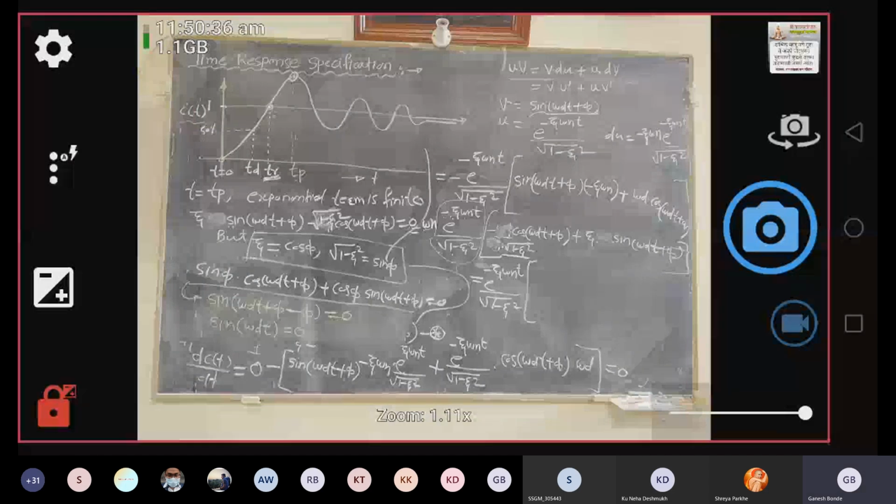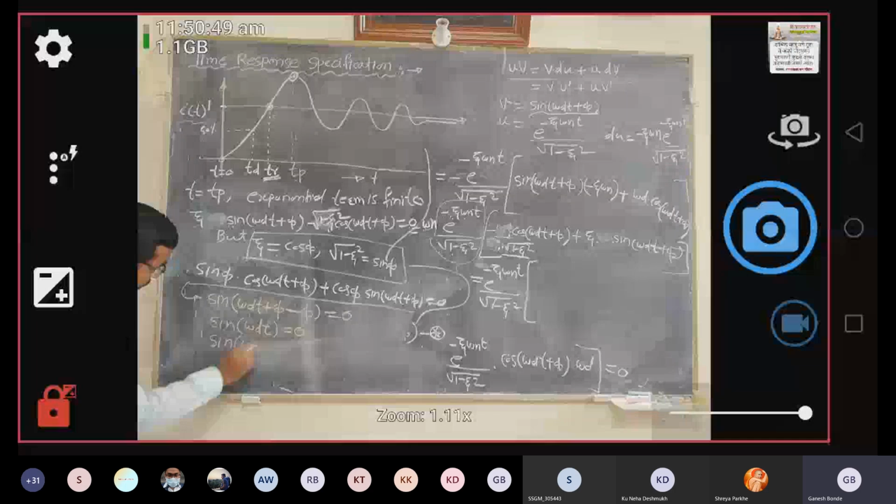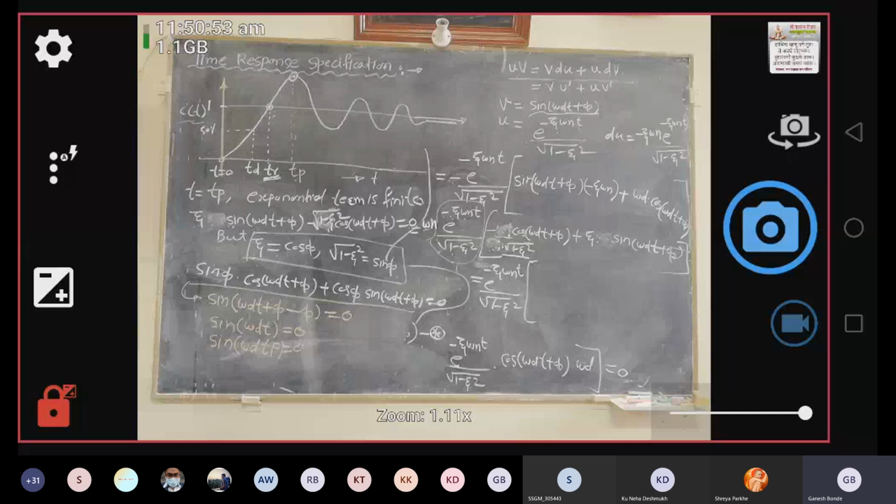Okay, so now you can simplify this. At t is equal to Tp we have obtained this. So we can substitute t is equal to Tp. Therefore sine of omega d Tp is equal to 0. Again, omega d value you can substitute.